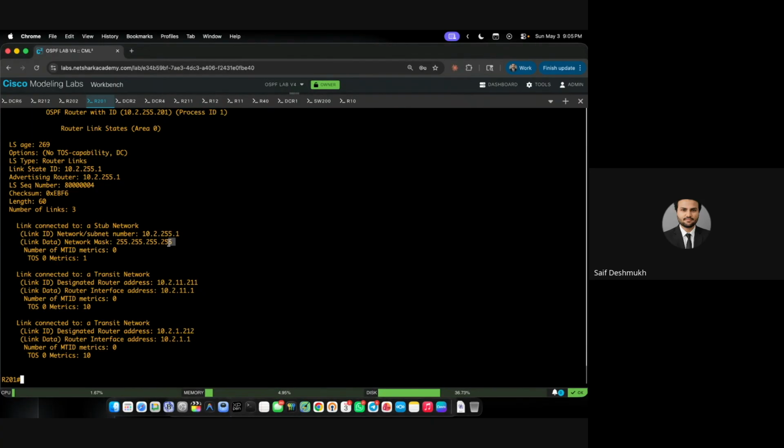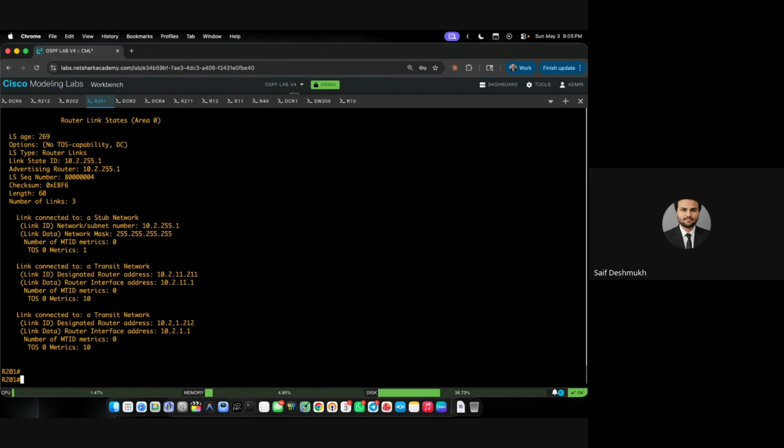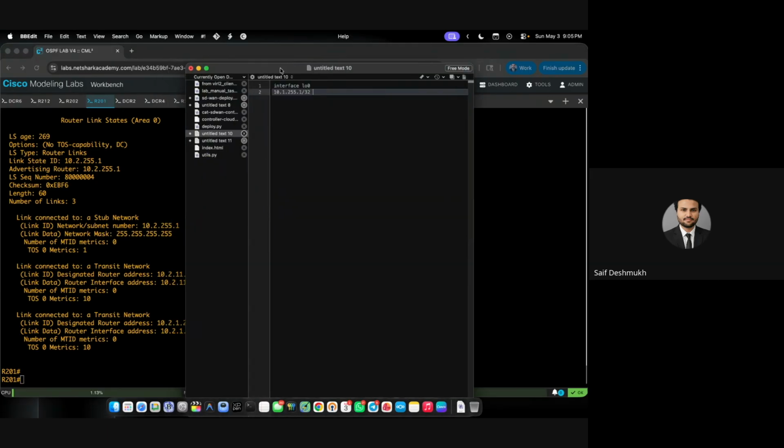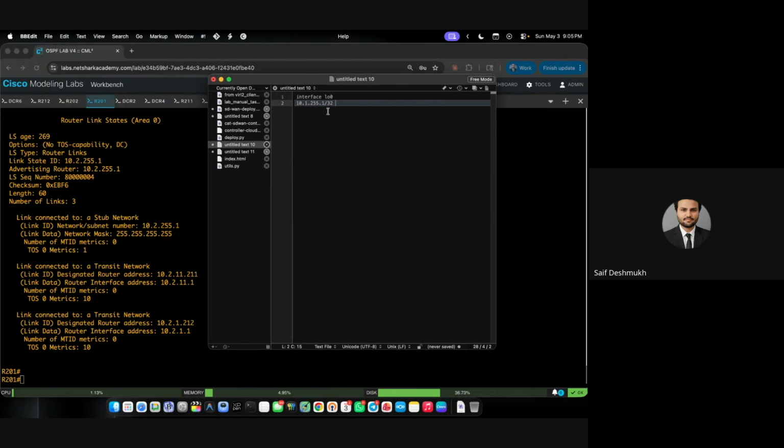It is also telling the network mask here. Now, I really want you to understand and focus here for 5 minutes. If you move on to the next link, this is a really big aha moment, and I understood why they created type 2 LSAs. Okay, let's move on to the next interface.